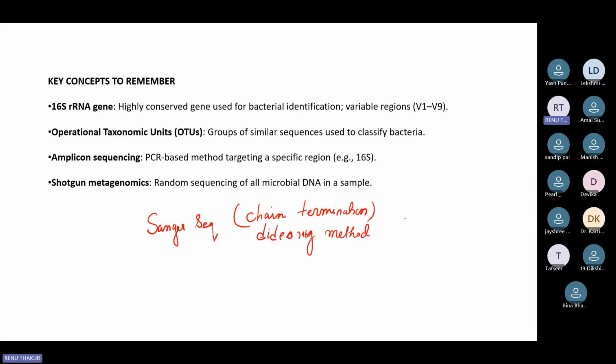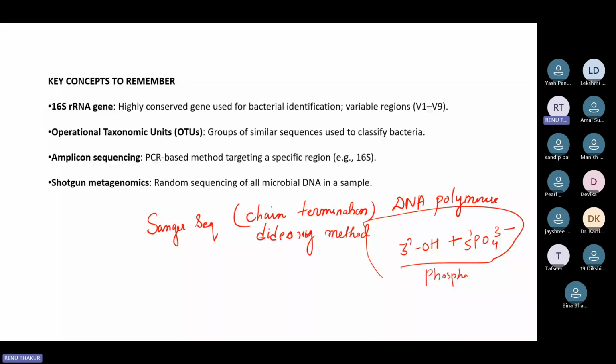In this, you all know the role of DNA polymerase. What does the DNA polymerase do? It elongates the growing chain to form the new daughter strand. So what does it require? It requires a 3' OH plus a 5' phosphate, and it makes a phosphodiester bond between them.